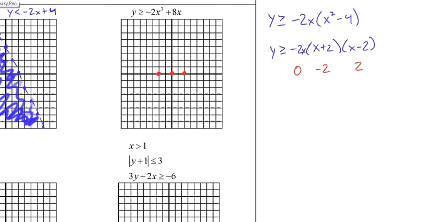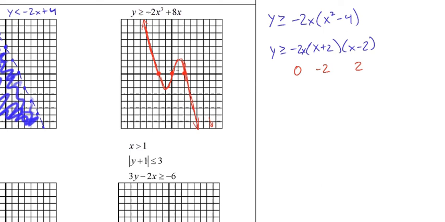All right, and it's my leading coefficient's a negative 2, and it's an odd degree, and so it's going to start at positive infinity, but end at negative infinity. So just a rough sketch is fine here. Head down below, got a curve, come back up, and now I'm making a solid line because it's or equal to. So below, up, it's got to turn again, come back down.